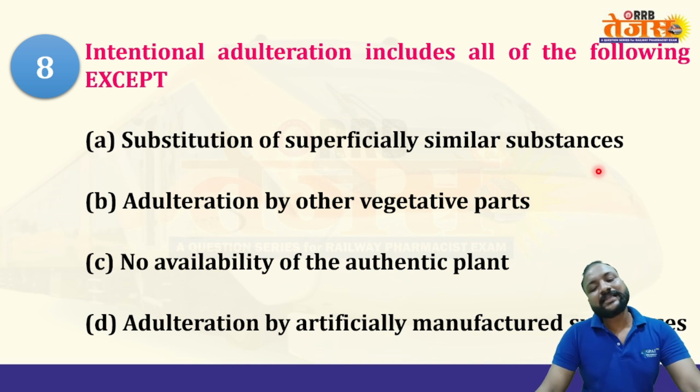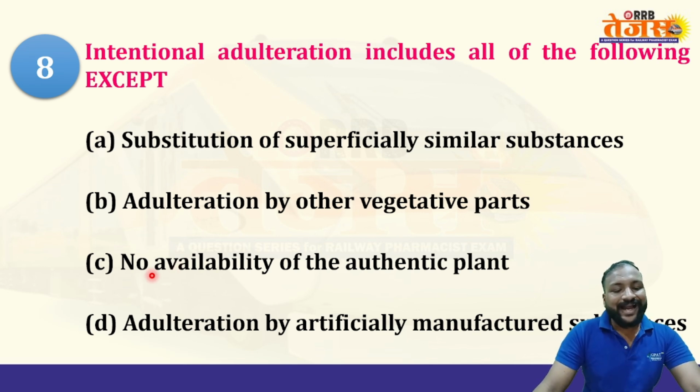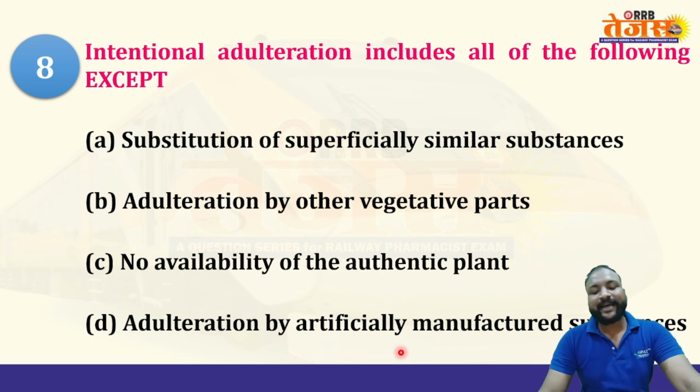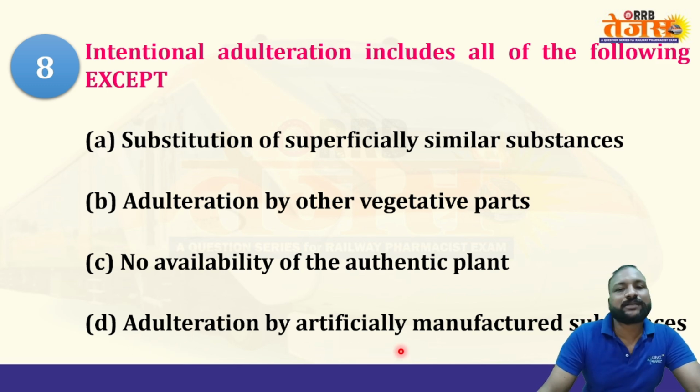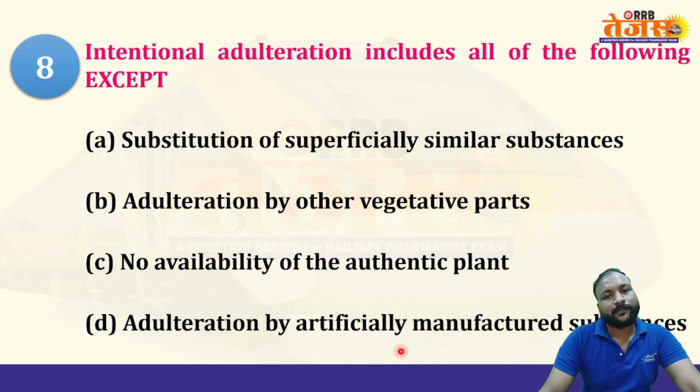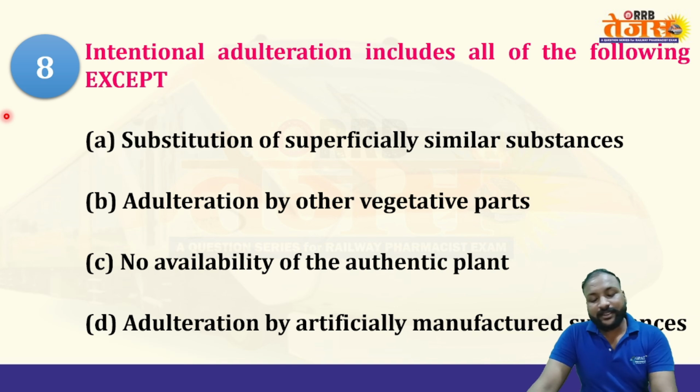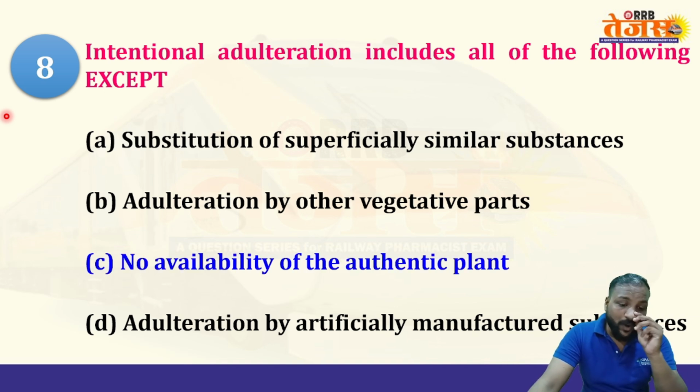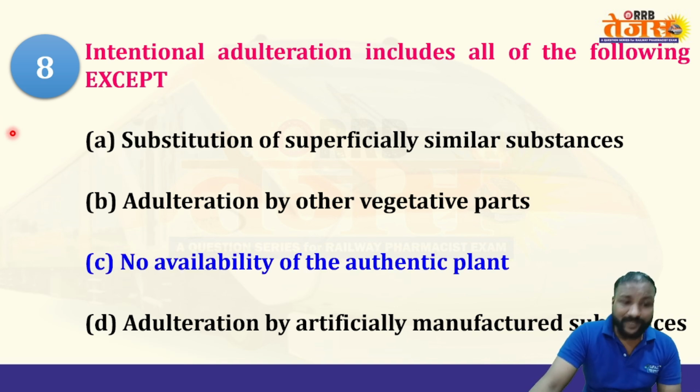Substitution of superficially similar substances; adulteration by other vegetative parts; no availability of authentic plant; and option D, adulteration by artificially manufactured substances. So the right answer here is option C, no availability of authentic plant. Because it is not an intentional adulteration, it is an unintentional adulteration.